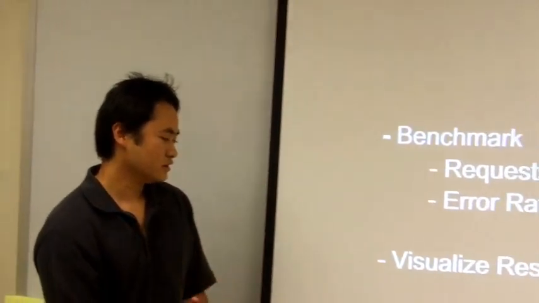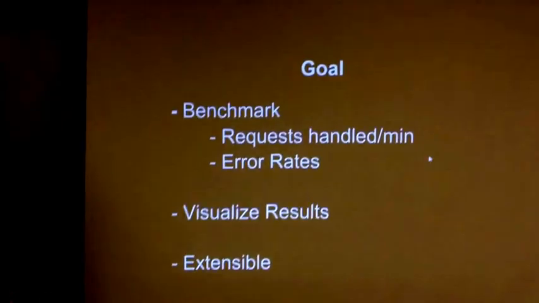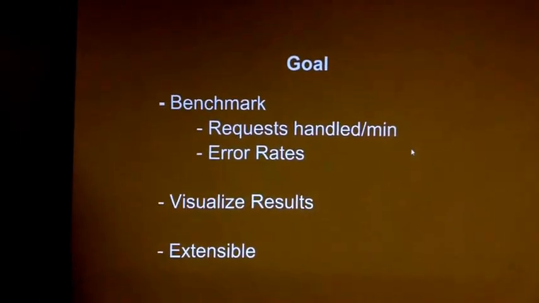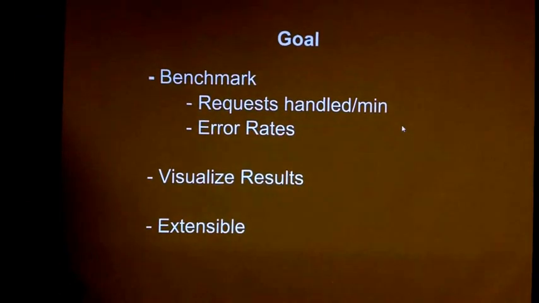Ultimately, we'd like to visualize those results once the benchmarks are run. And then we want our benchmark tool to be extensible, meaning if developers want to create additional features on what they want to benchmark in WattDepot, they can do that.